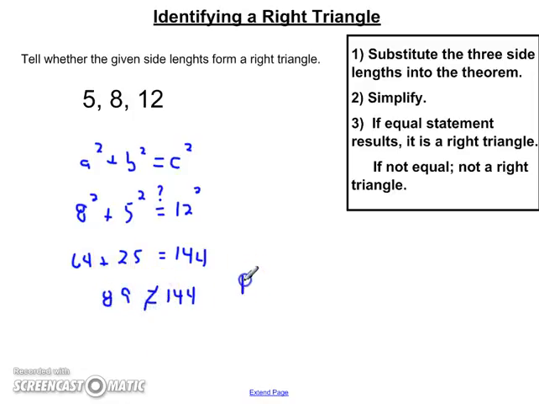So this is not right. However you want to indicate that those are or are not right. Now this could be a 5, 8, 12 triangle. It probably is. It should be a triangle. There are other theorems that deal with is it a triangle or not. But in this particular case, even though it is a triangle, it's not a right triangle.